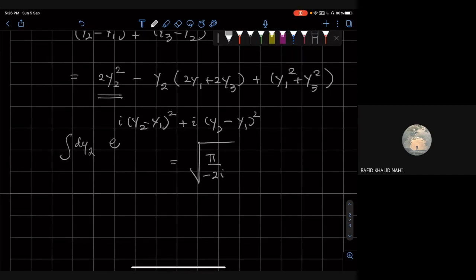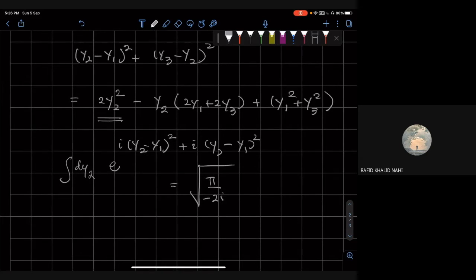And then we have this term, which is e to the power i, y1 squared plus y3 squared.